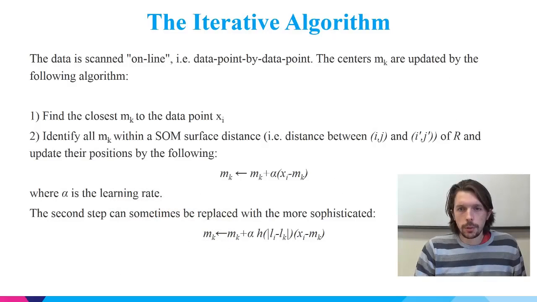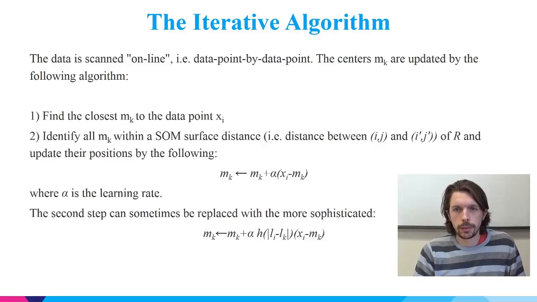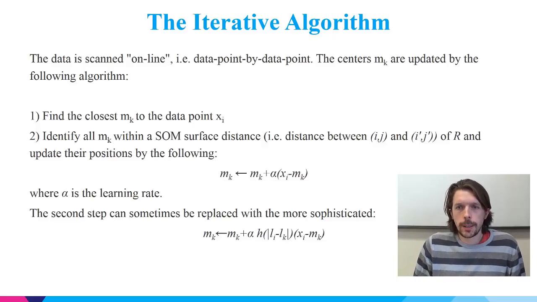So now I'll go into a little bit more detail about how the self-organizing map iterative algorithm works. It works by scanning across all your data points and updating the position of the centers.